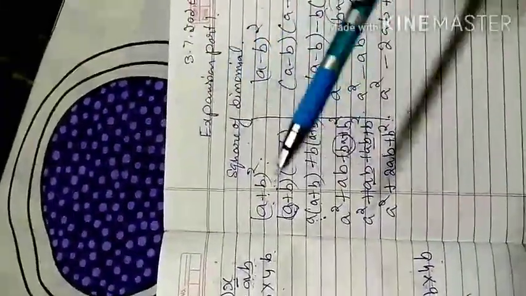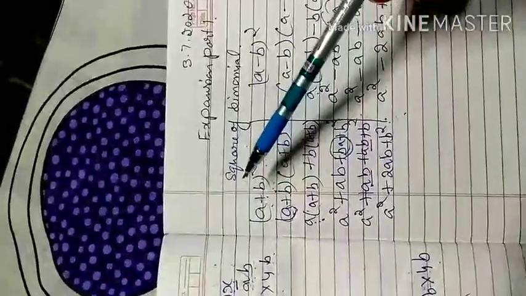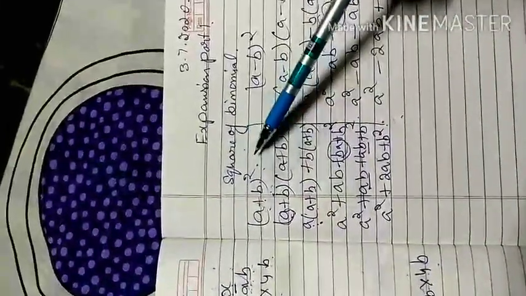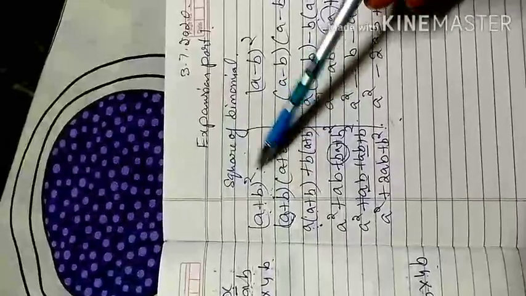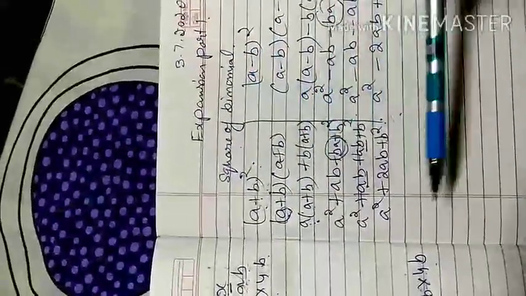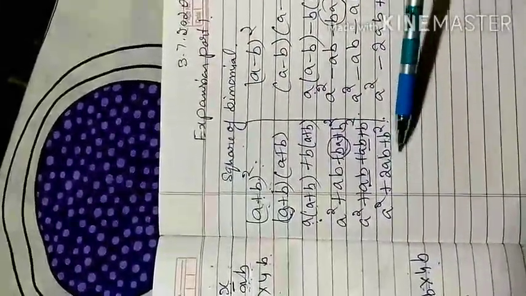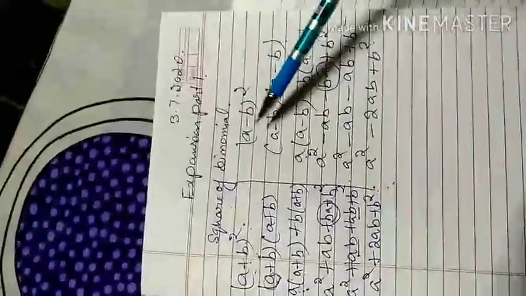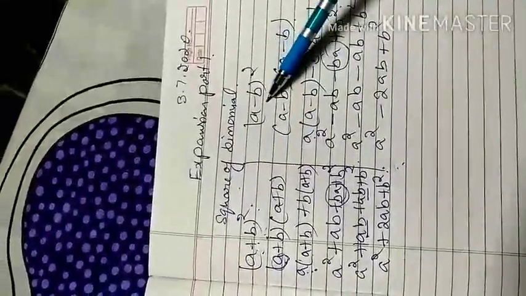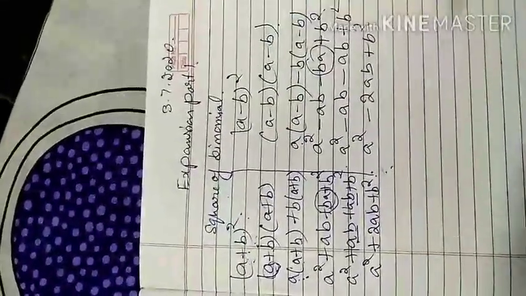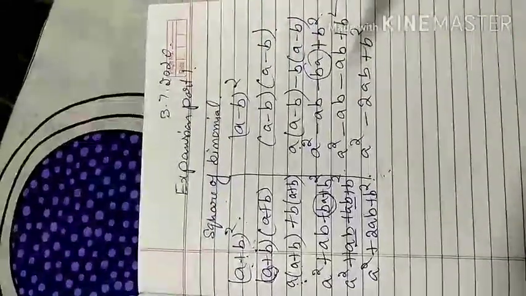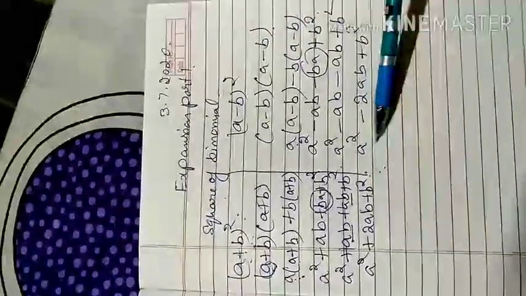If two terms are added, I get the answer a square plus 2ab plus b square, and if two terms are subtracted and I multiply that expression two times, I get a square minus 2ab plus b square.